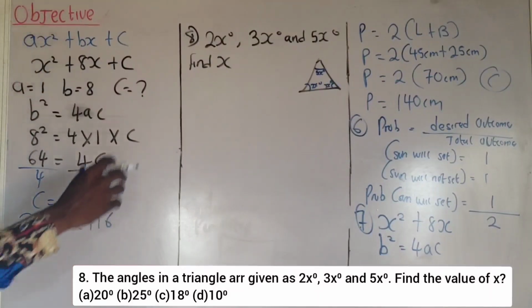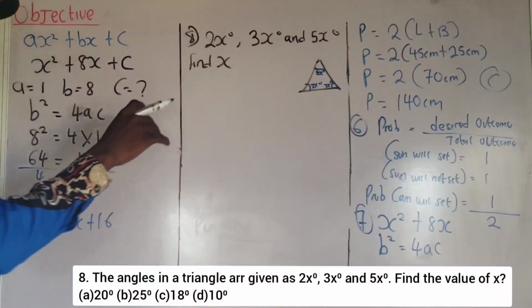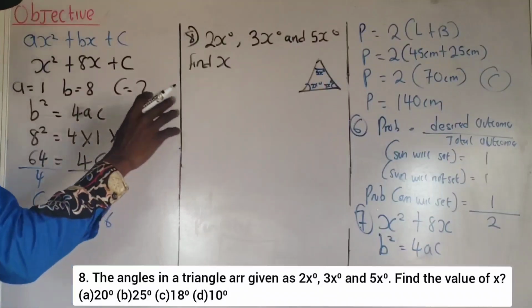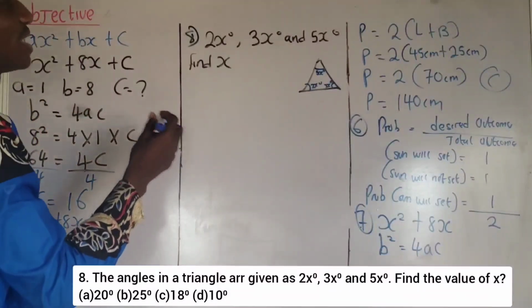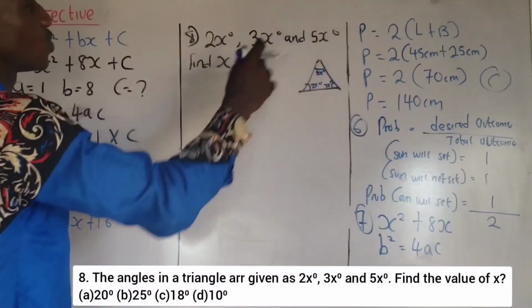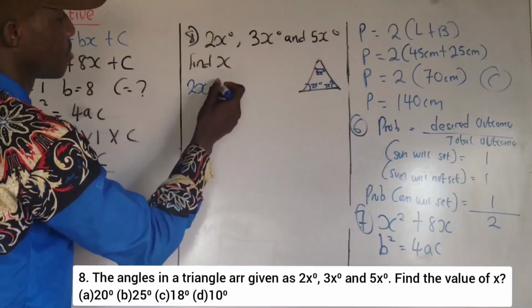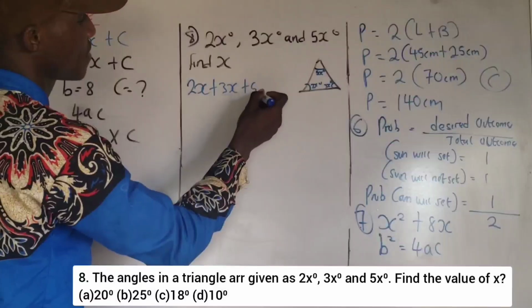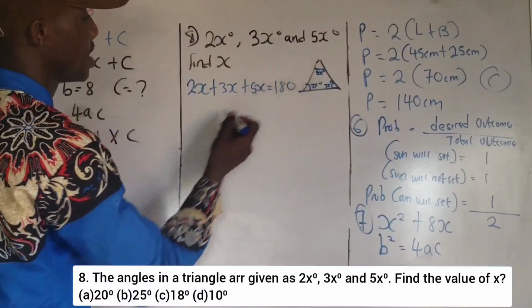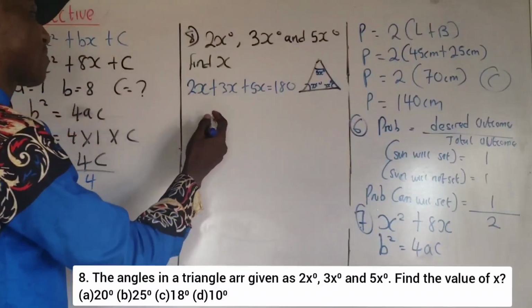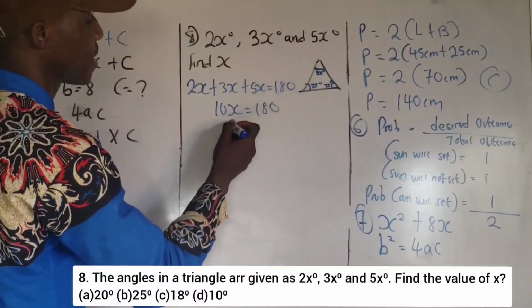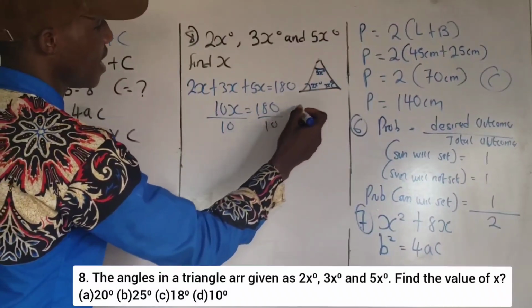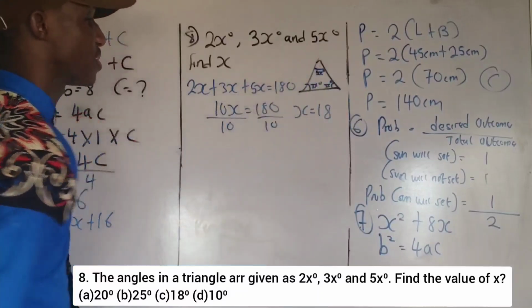This is not an equilateral triangle, but notwithstanding, the sum of angles in a triangle is 180. So here, to get the value of x, we have to sum all the angles together. So I'm going to have 2x plus 3x plus 5x must be equal to 180 degrees, okay? So 2x plus 3x is 5x, 5x plus 5x is 10x. 10x is equal to 180 degrees. Divide both sides by 10 to get the value of x. x is equal to 18, okay?